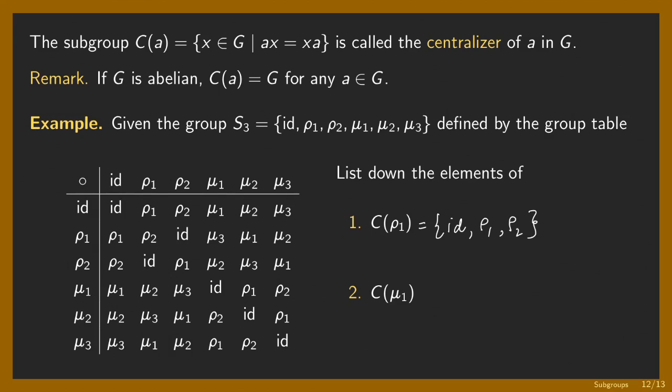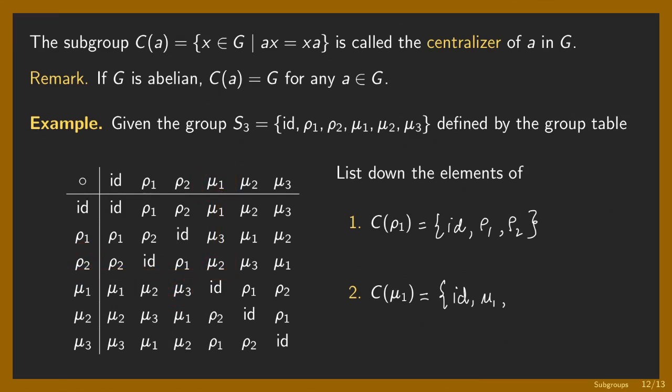How about the centralizer of mu1? Let's check one by one, of course. The identity, and mu1. Now, na-check ko na kanina na ang mu1 ay hindi nagko-commute kay row 1. So, it will not work. Okay? Nagko-commute ba siya with row 2? Row 2, mu1. The product is mu2. Reflect along the main diagonal, mu3.